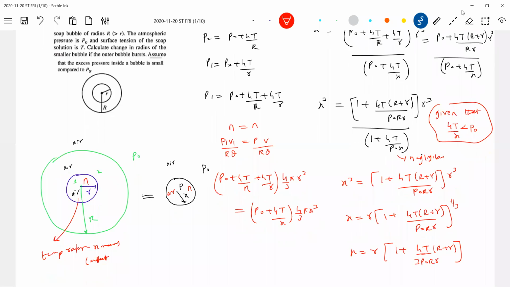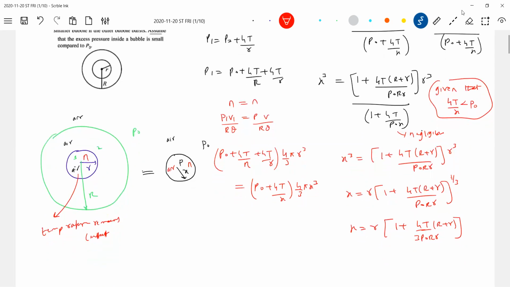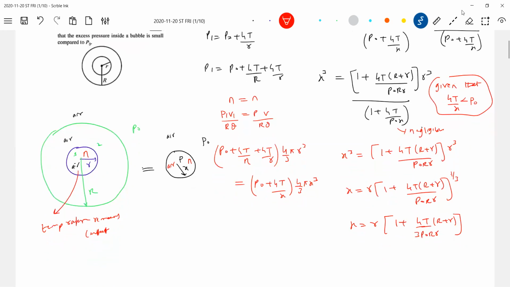This quantity will be very small because the excess pressure is said to be very small, so I can go for binomial expansion. So then what is the change in radius? X is equal to r plus 4T by 3 P naught times the bracket.